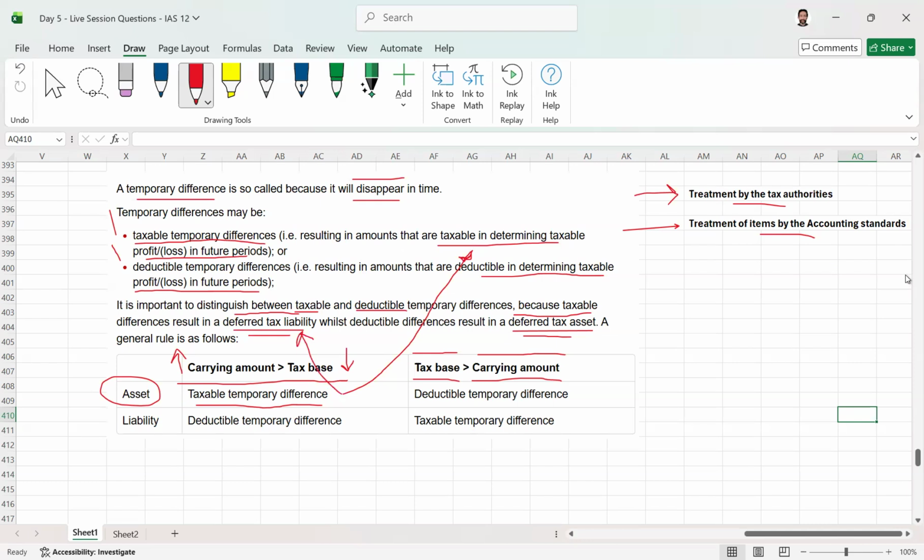I hope this has really helped you understand this concept and how to relate to this table. I hope it has become easy with this table. The Excel sheet that I'm going to share will have this table and you can make good sense of things.